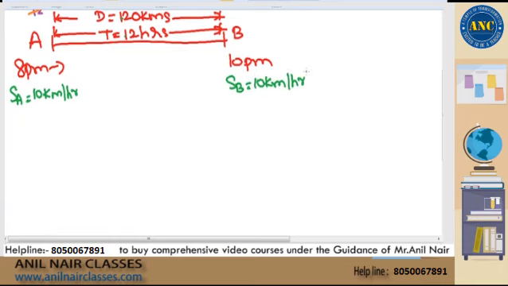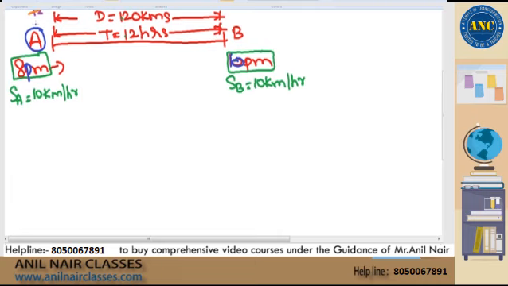Now listen to this carefully. The problem says first train is starting at 8 o'clock, second train is starting at 10 o'clock. That means, can I say that from 8 o'clock till 10 o'clock, train A is traveling alone. B is starting at 10 o'clock itself.